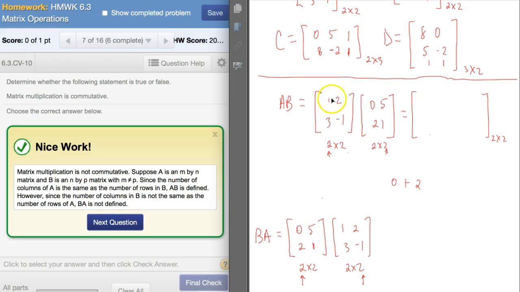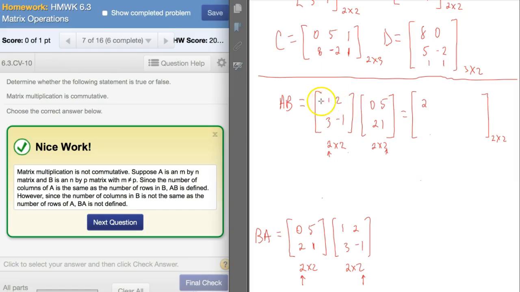And so that result for this row and that column is going to be 2. Okay? And so we repeat that process for the rest of these elements here.